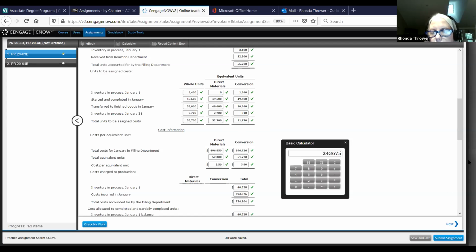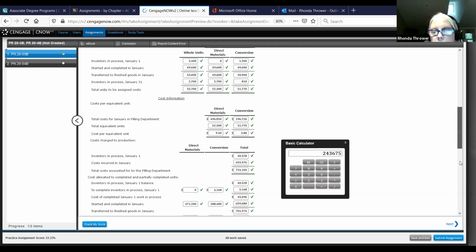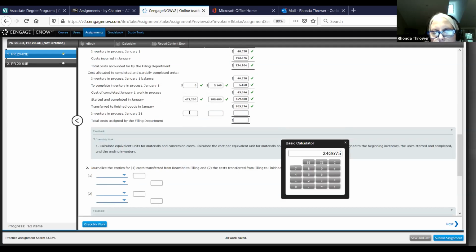That will give you the materials cost of the ending inventory, which is $243,675.